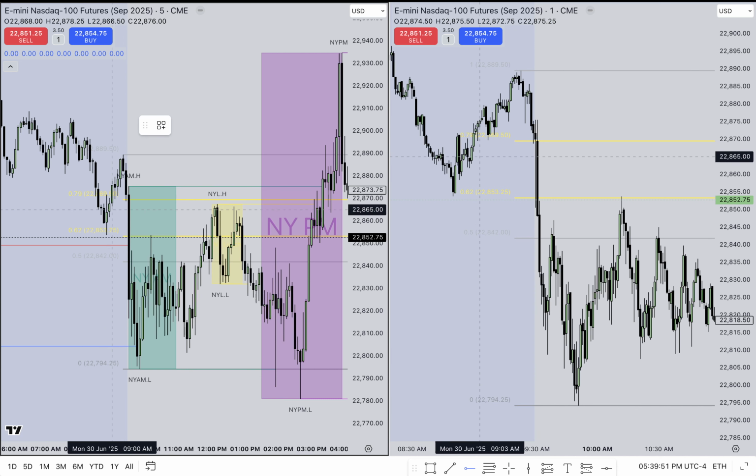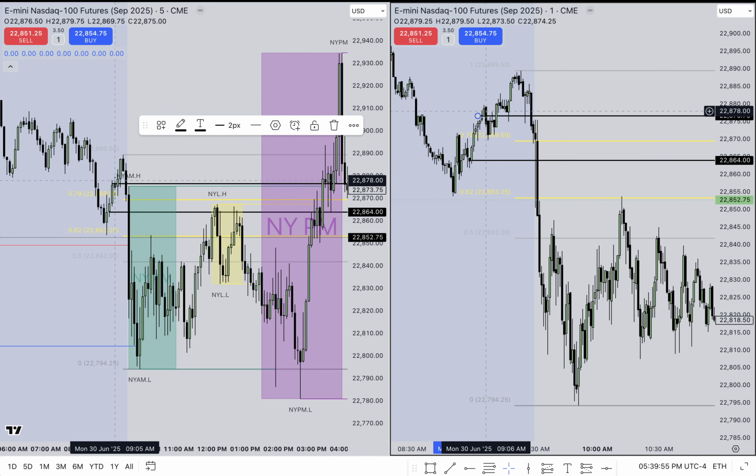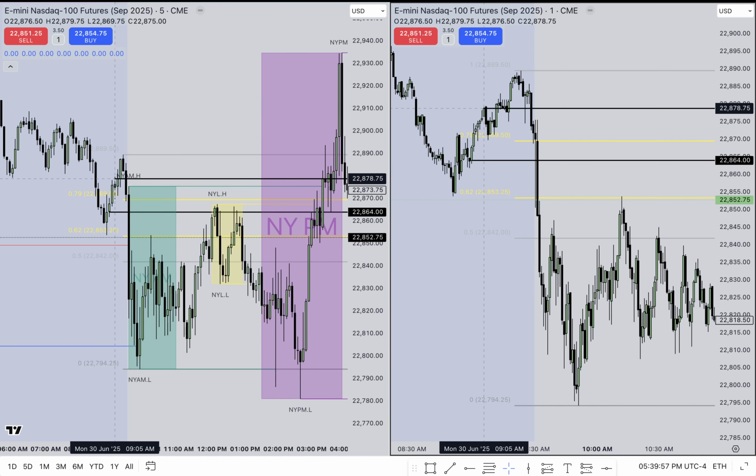So this is what brought attention to my eye right here. And I know I didn't actually trade this on Monday, so I know it's going to be a lot of hindsight this, hindsight that, but it takes time, right? I just started to use this model, so my eyes are not used to seeing this model appear.